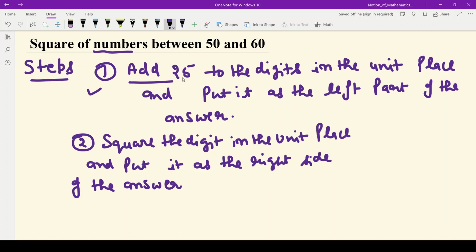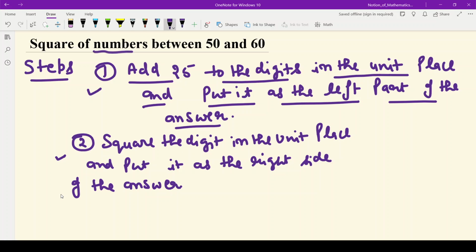Add 25 to the digit in the unit place and put it as the left part of the answer. This is the first step. And the second step is to square the digit in the unit place and put it as the right side of the answer. Now you will better understand it with the help of one example.